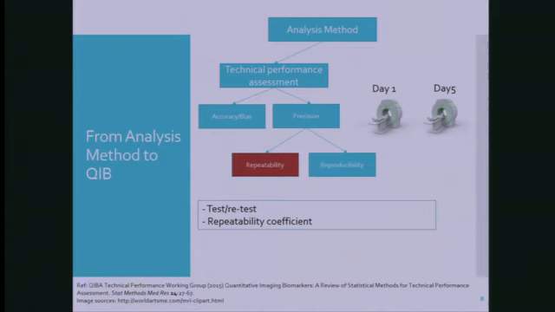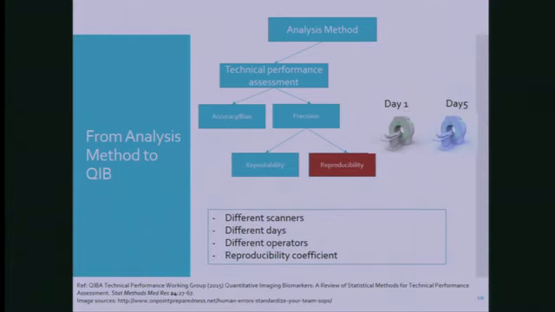For example, if you have some human intervention in your analysis method, then perhaps you can have the analyst do the analysis on day 1, and then a few days later do the analysis again to check whether the values are similar or not. And then also consider reproducibility. That is where you have the same experiment but on different scanners, on different days and with different operators, and whether you are able to reproduce a similar result or not.